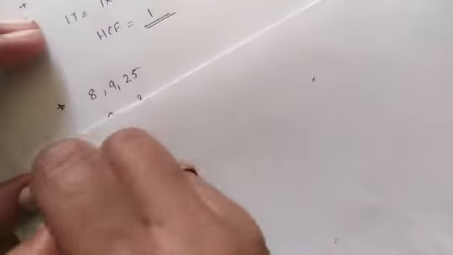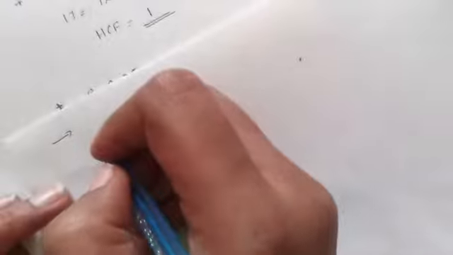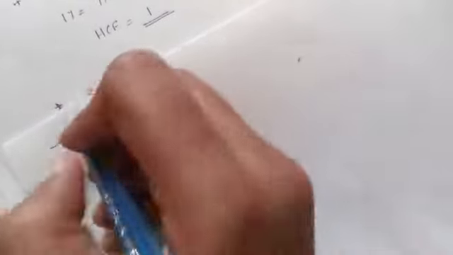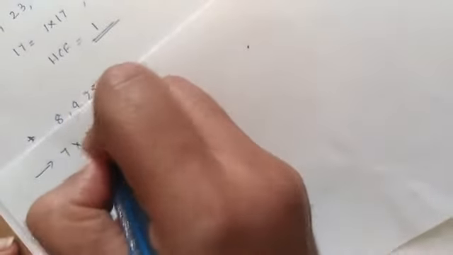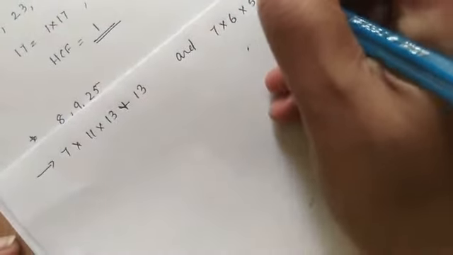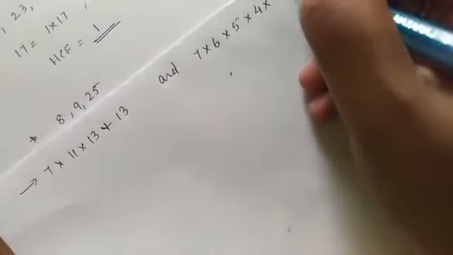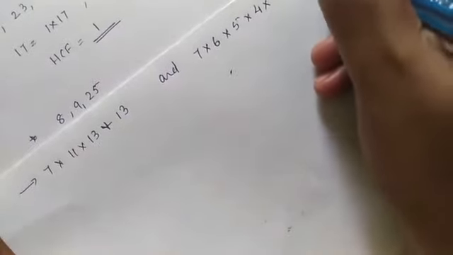Next question. Next and last question. The last question is: explain why 7 into 11 into 13 plus 13 and 7 into 6 into 5 into 4 into 3 into 2 into 1 plus 5 are composite numbers.